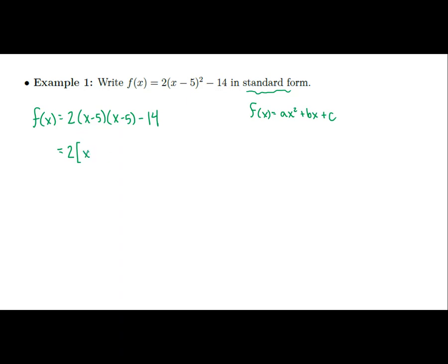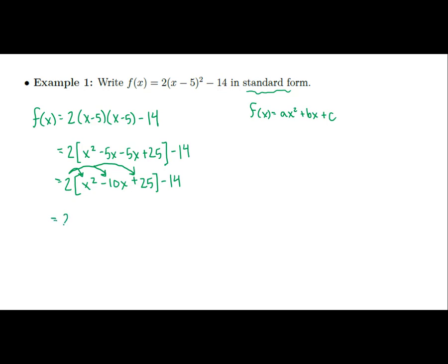So I've got x squared minus 5x, so first, outside, inside, and last. And I can further combine those two like terms in the middle, so x squared minus 10x plus 25. And then, of course, my 2 should distribute to each term.